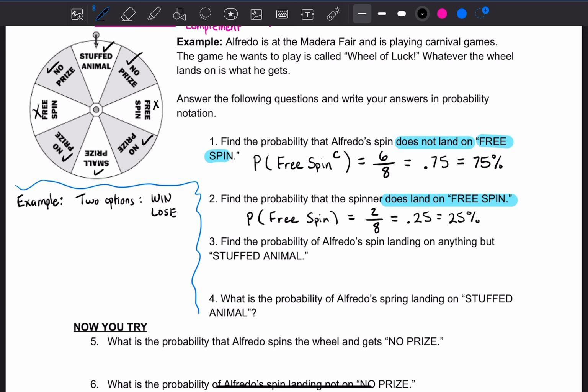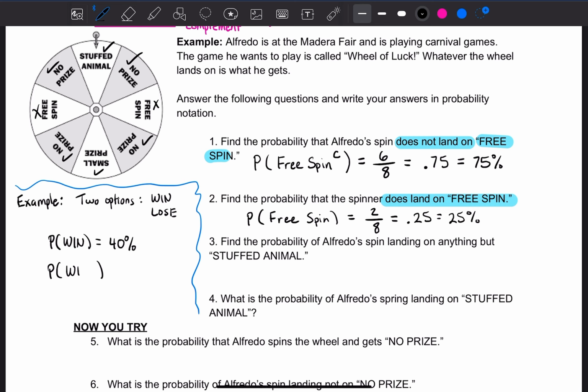Well, I know that the probability of winning is, let's say, 40%. That's what they tell me. Probability of winning is 40%. Well, what's the probability of not winning? Well, the probability of not winning, remember, this little C right here means not winning.